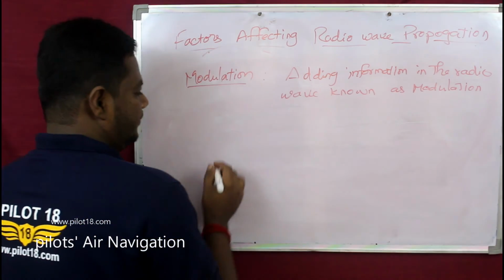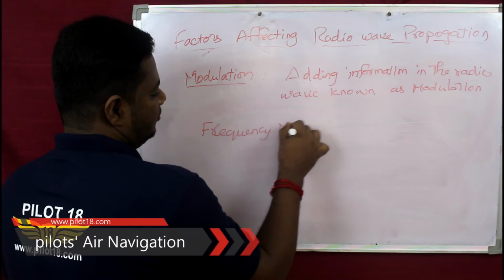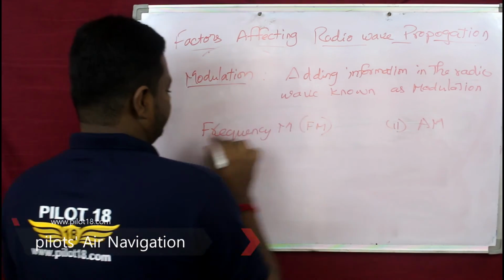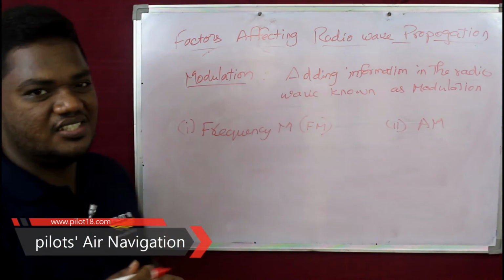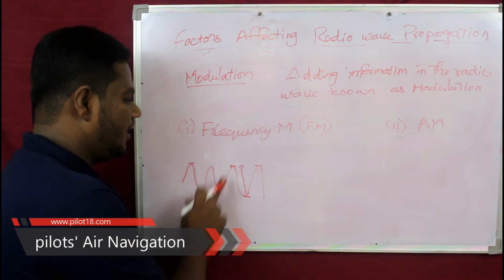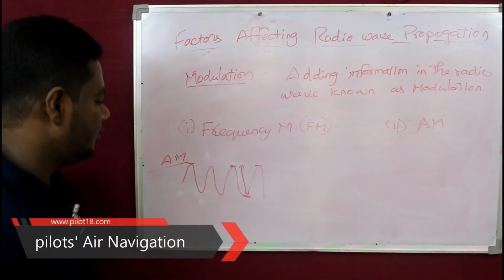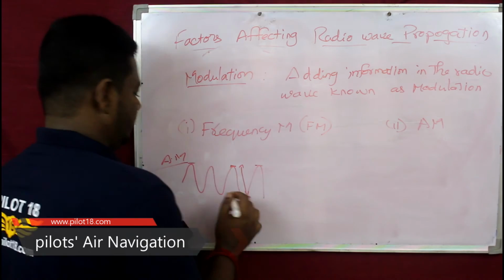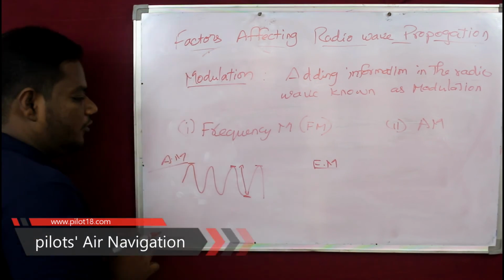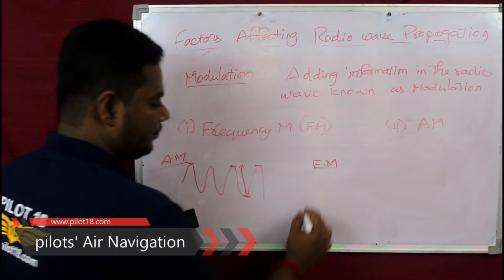You need to know there are two types: frequency modulation, which is known as FM, and second, amplitude modulation, which is known as AM. We just need to see what is AM and what is FM. Frequency modulation means frequency is number of hertz per second.